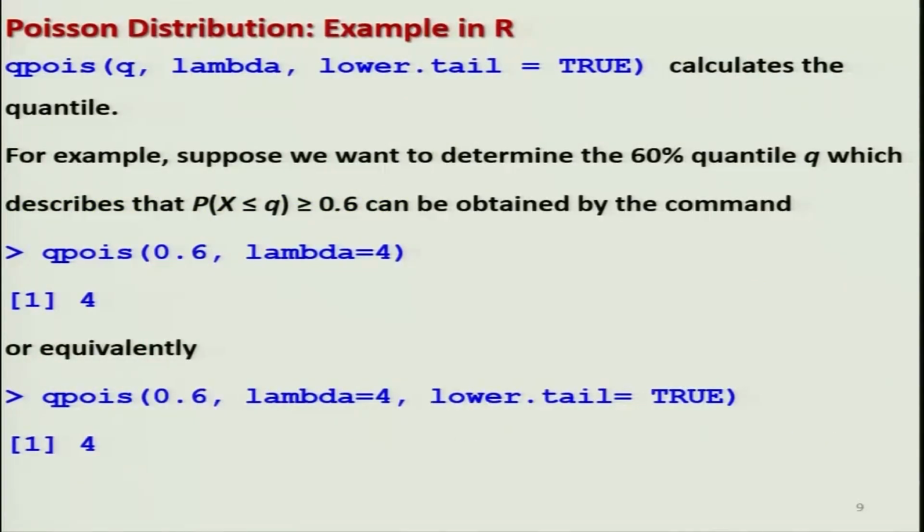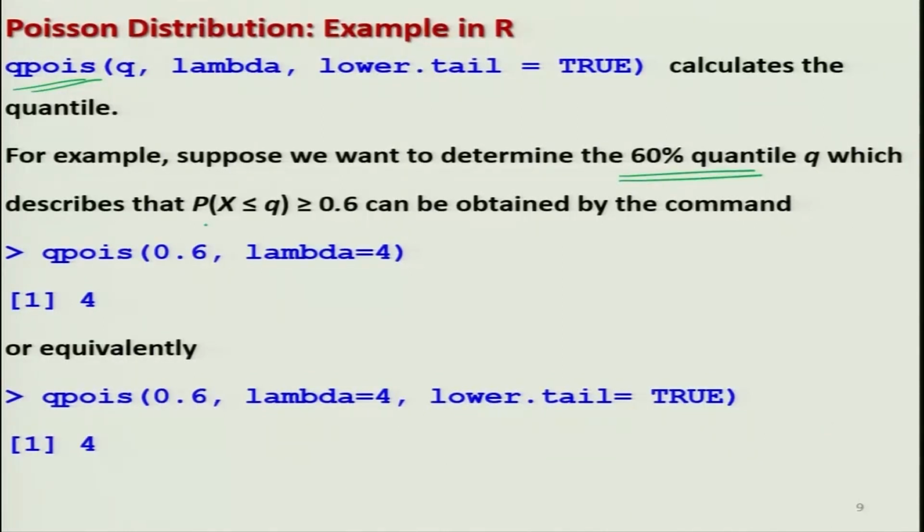Now we try to understand how one can find the quantile of this Poisson distribution in R. For that we have the command qpois. This calculates the quantile. For example, in the same example where we have taken lambda equal to 4, suppose we want to compute the 60% quantile.